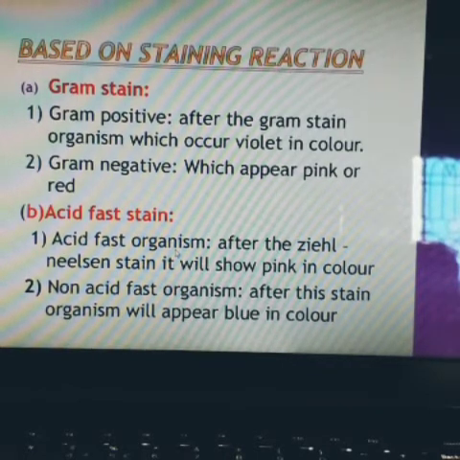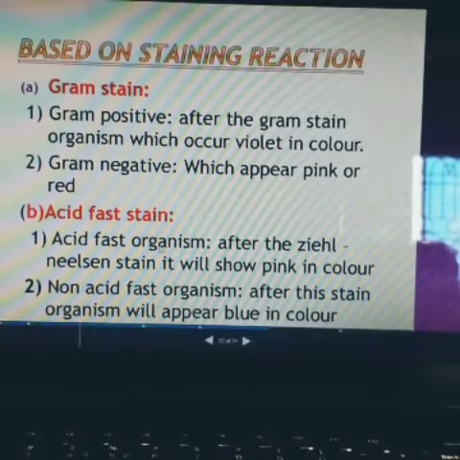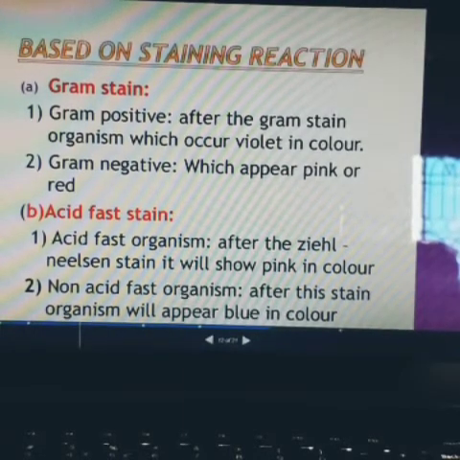So some bacteria, जब Ziehl-Neelsen stain करेगा तो पिंक कलर होता है, और some bacteria में appears to the blue color. So we are observing this acid fast stain, gram stain. So keep it in your mind, must be observed here.